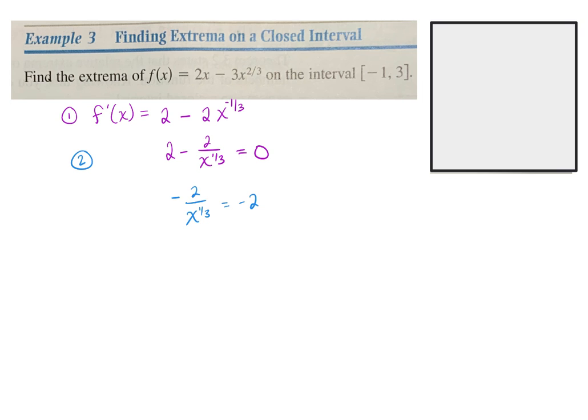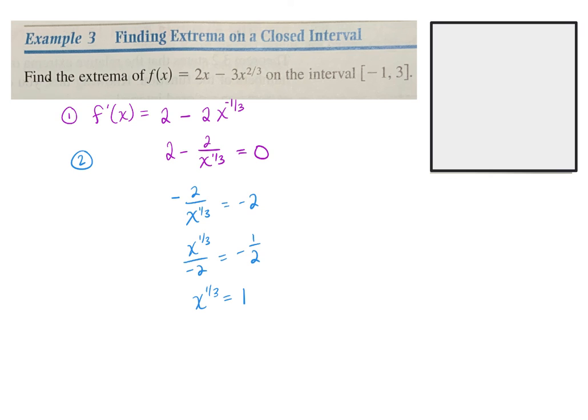We get x to the 1/3 over negative 2 equals negative 1/2. I promise it makes your life easier, okay? And then multiply both sides by negative 2. You get x to the 1/3 equals what? 1, right? Negative 1/2 times negative 2.